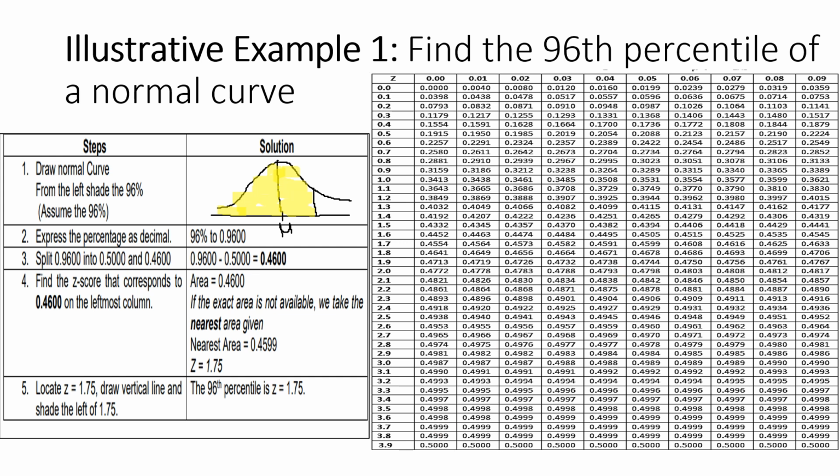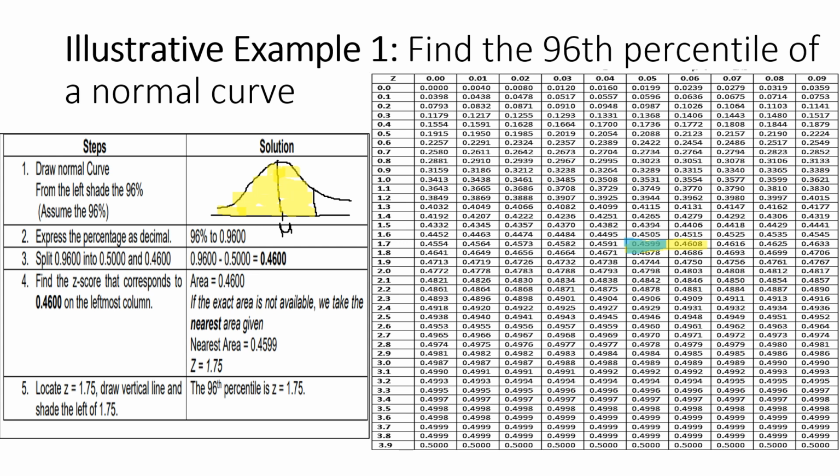As you can see here, we have the areas 0.4599 and 0.4608. Which is nearer, 0.4599 or 0.4608? Of course, your answer is likely 0.4599. It's just 1 unit away from 0.46 compared to 0.4608, which is 8 units away.